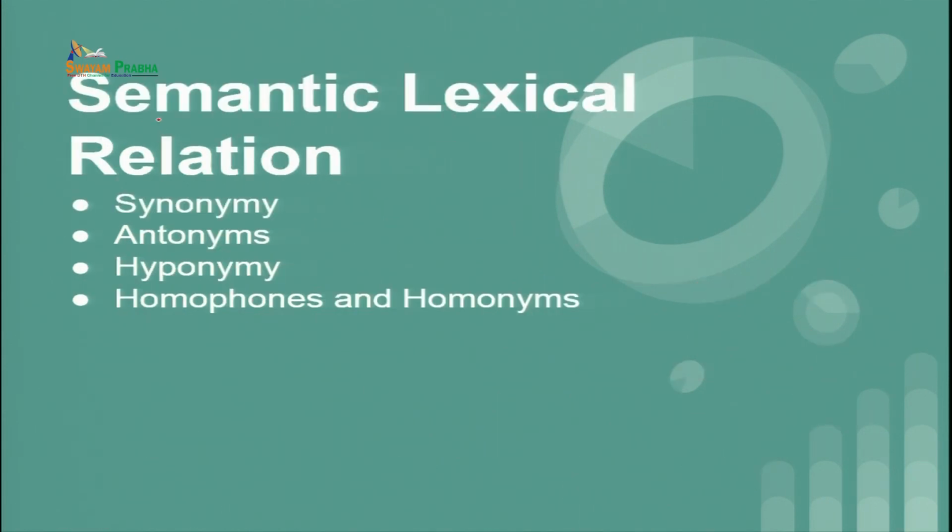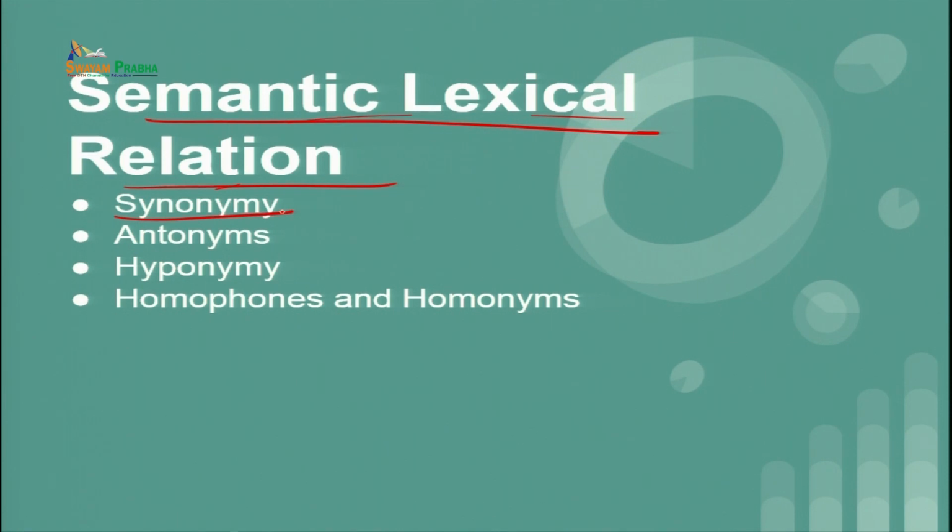Now, in this slide you see semantic lexical relations, and how words in a sentence play an important role with respect to meaning. So, the first one, as it is given, is synonymy. Synonymy: two or more forms with very closely related meanings.